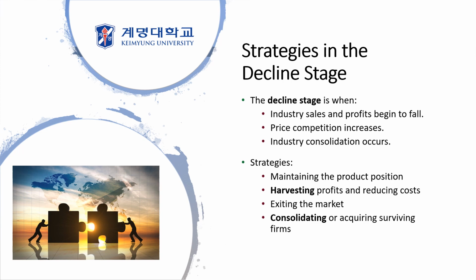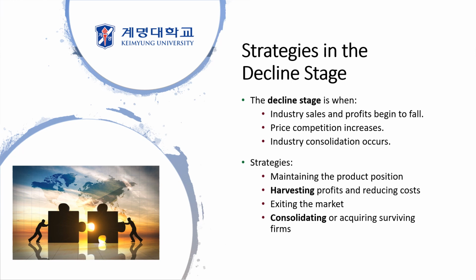Decisions in the decline phase of the industry life cycle become particularly important. Hard choices must be made, and firms must face up to the fundamental strategic choices of either exiting or staying and attempting to consolidate the industry.